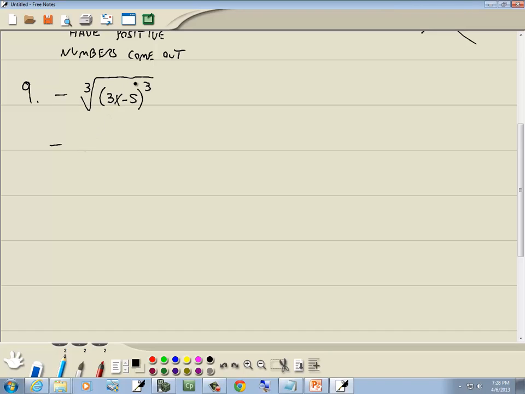Now here our index matches the power, so they're going to cancel each other out, and we're left with 3x minus 5. I put parentheses around this because the negative that's out in front has to flip the sign of everything. I didn't worry about putting absolute value bars around this because this was an odd index. The only time you have to worry about that is when it's an even index. And that negative we can now take through: negative 3x, and then plus 5. And that's our answer.